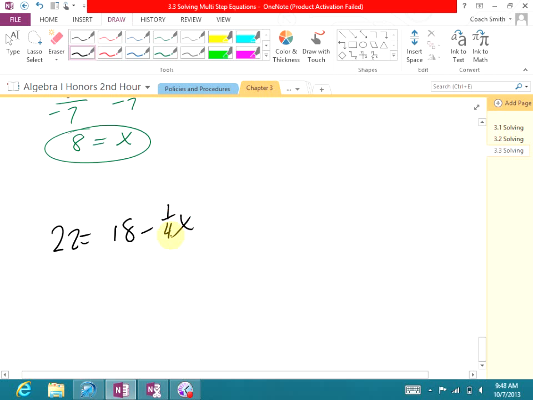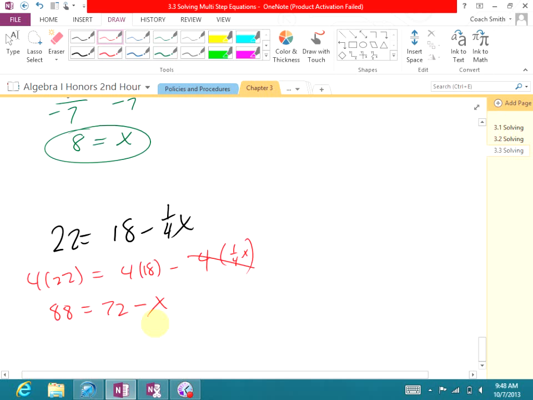Okay? So instead of subtracting, all you got to do to get rid of that is you just take and say, okay, 4 times 22 is equal to 4 times 18 minus 4 times 1/4 x. So that's 88 equal 72 minus those 4 cancel out x.